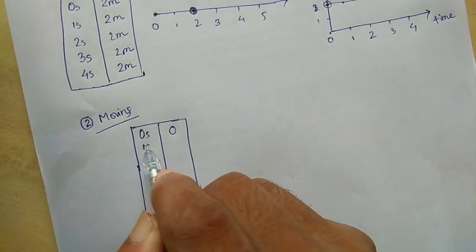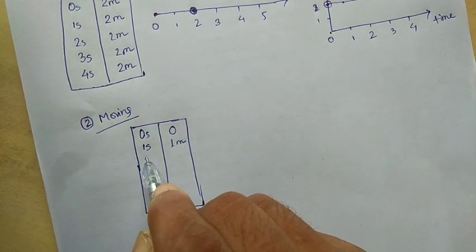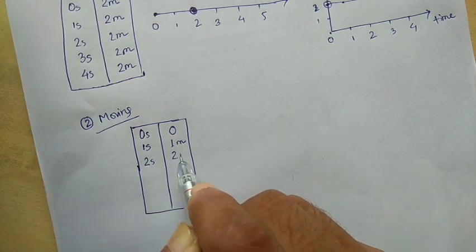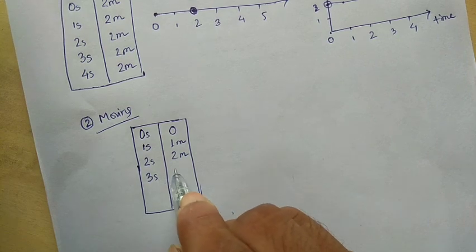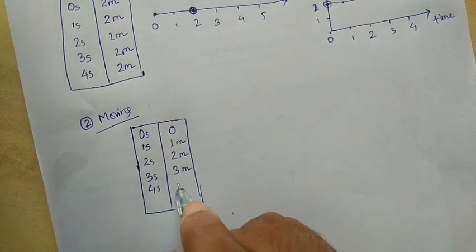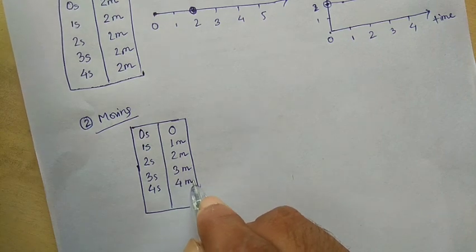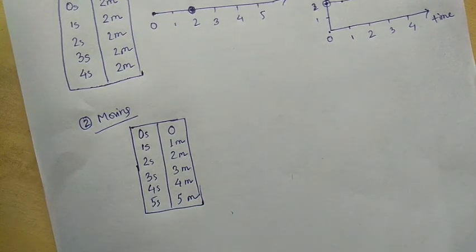In 1 second the body is at 1 meter. In 2 seconds, the body is at 2 meter. In 3 seconds, the body is at 3 meter. In 4 seconds, the body is at 4 meter. In 5 seconds, the body is at 5 meter.